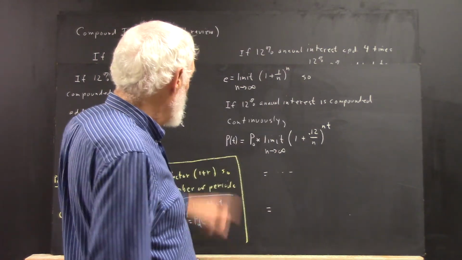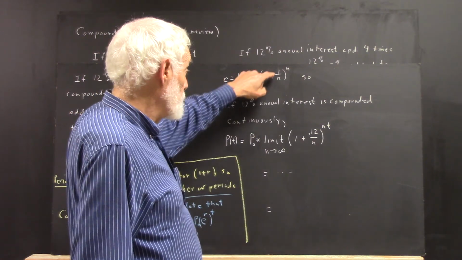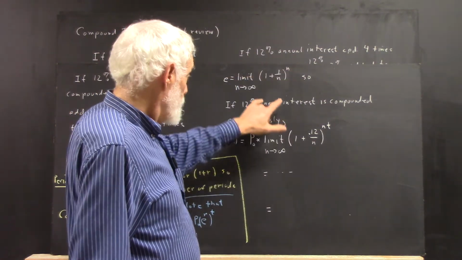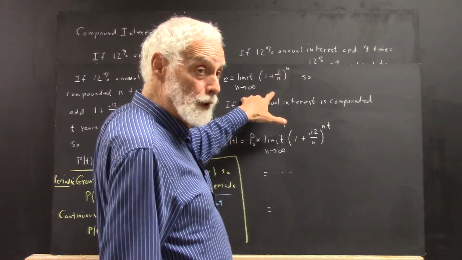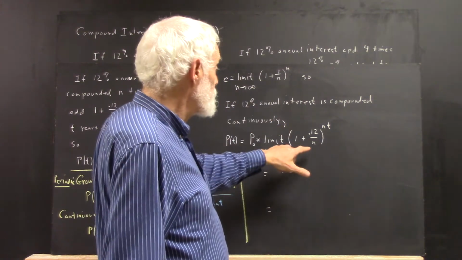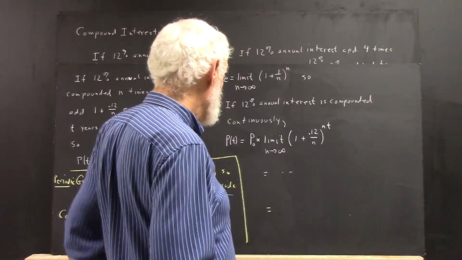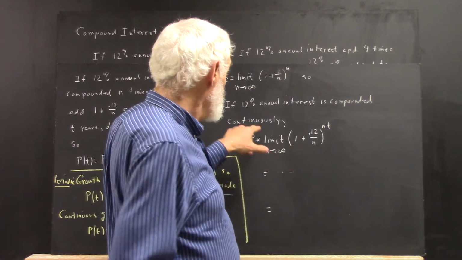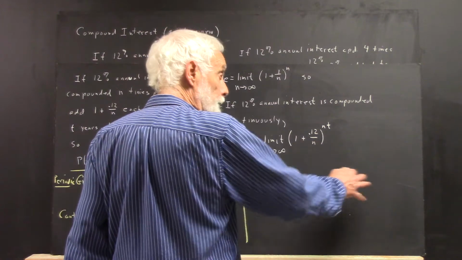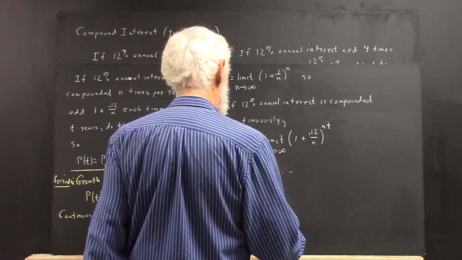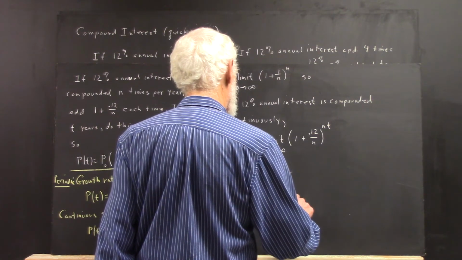Okay, now e is defined to be the limit as n goes to infinity of 1 plus 1 over n to the n. Well, notice the similarity between this and this. With just a little algebra, a little substitution or change of variable, and I'm not going to go through that, you can then prove that this is equal to P naught times e raised to the rt.